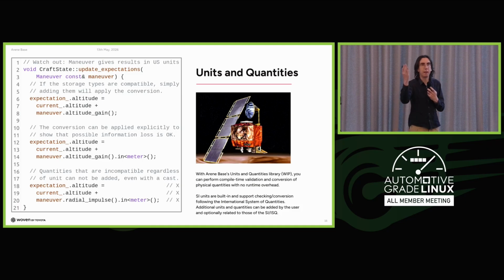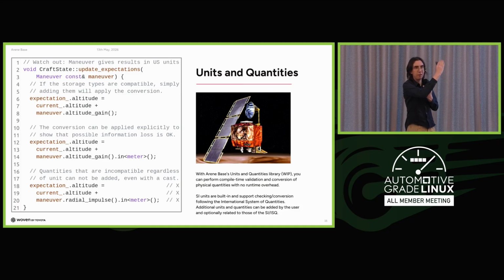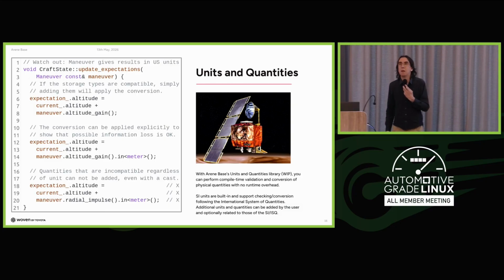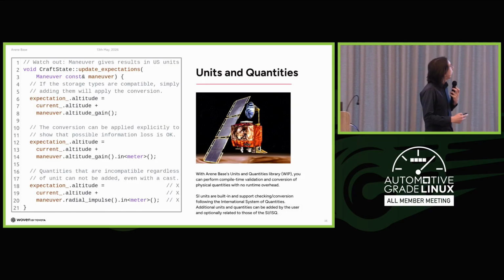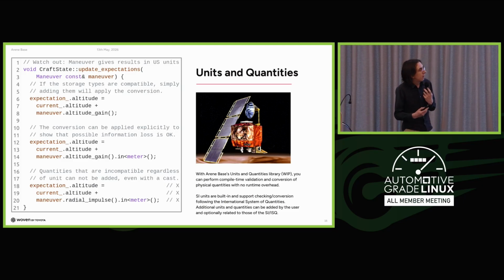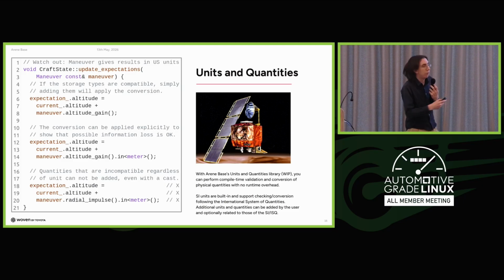Even something like the position of the seat in degrees is a physical quantity that has units attached to it. So we can keep track of that at compile time, and then when you try to add together two things, we can check if they are compatible with each other.